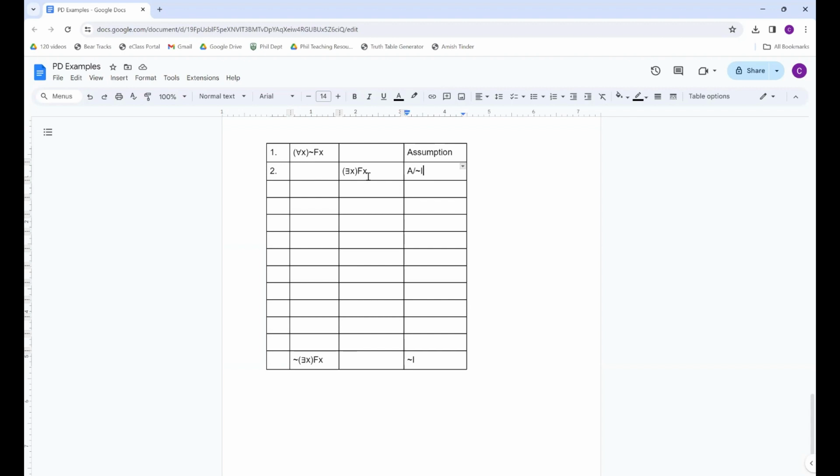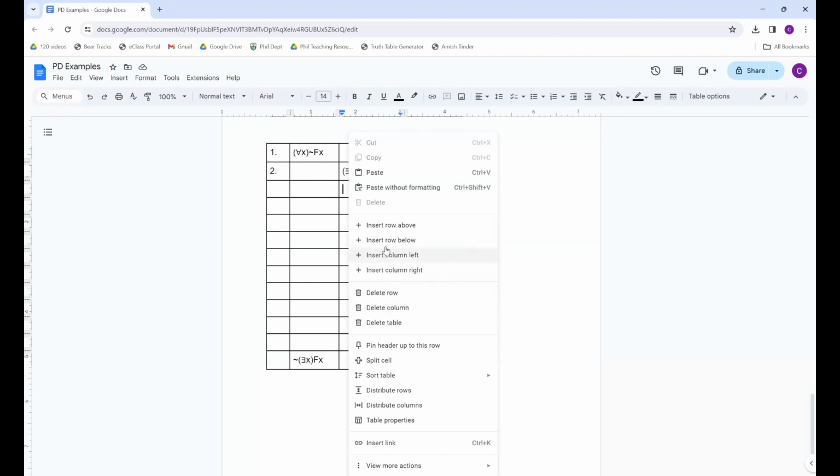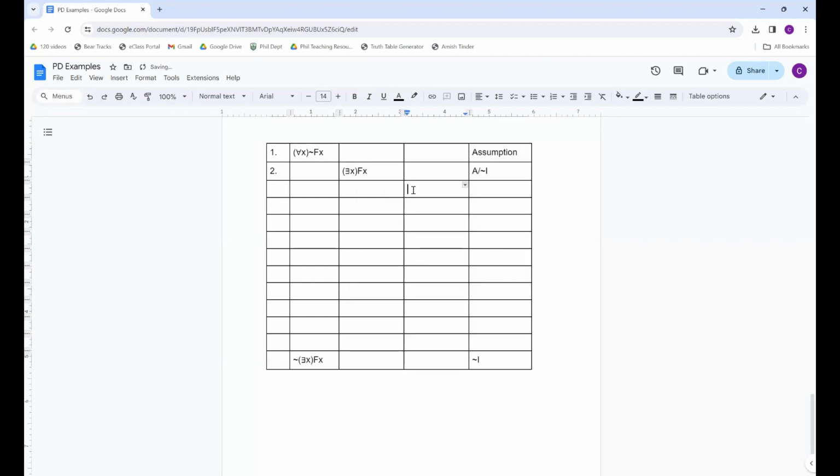So we've got this existentially quantified sentence. So presumably what we're going to want to do is existential elimination. So we will assume FA. This is a constant that's not found in any open assumptions for existential elimination.